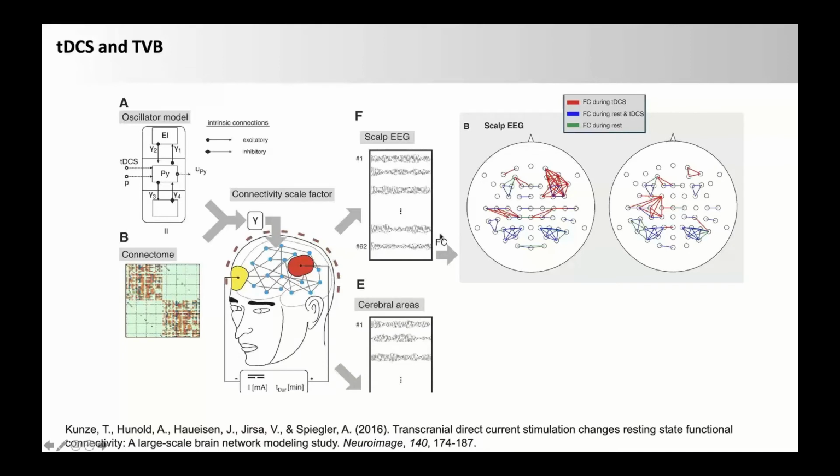And then they looked at rest and stimulation, averaged over rest and stimulation, and looked at which of those little networks got activated. You can see here that during the stimulation, the red ones got activated. And in the resting state, there were totally other areas being overly active.